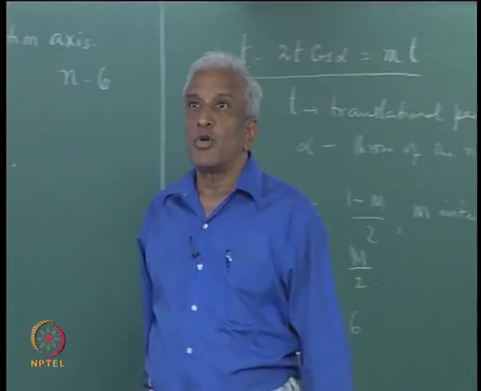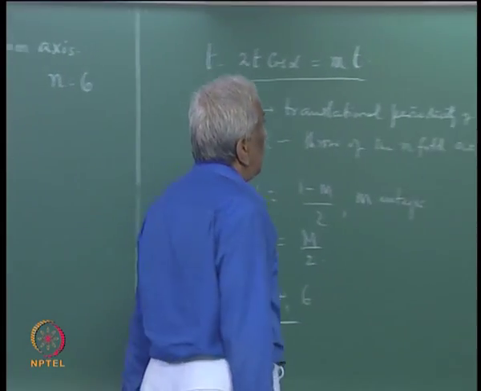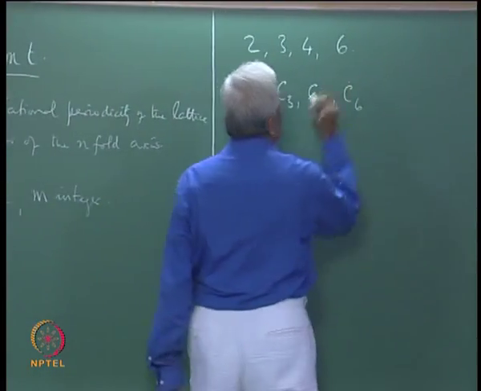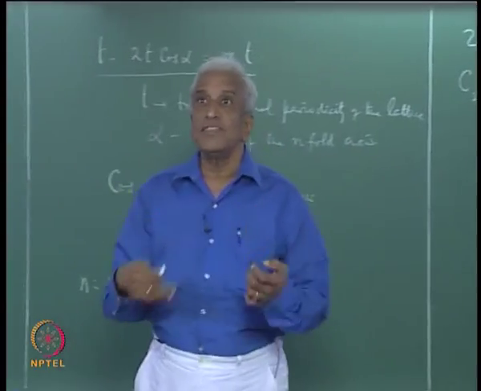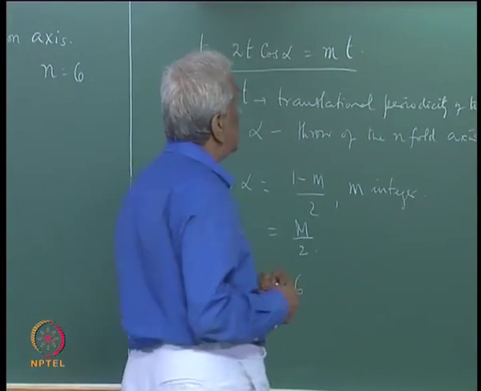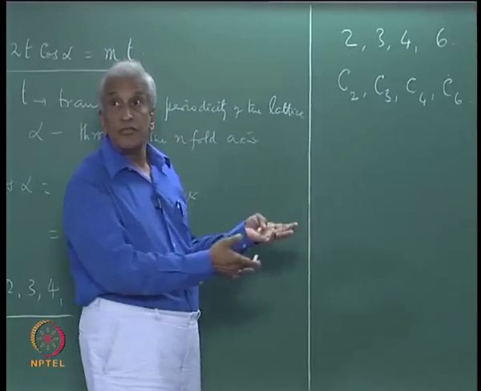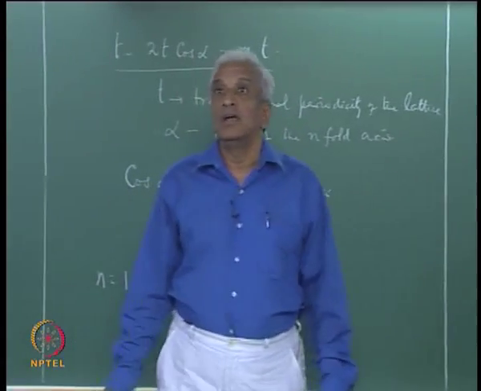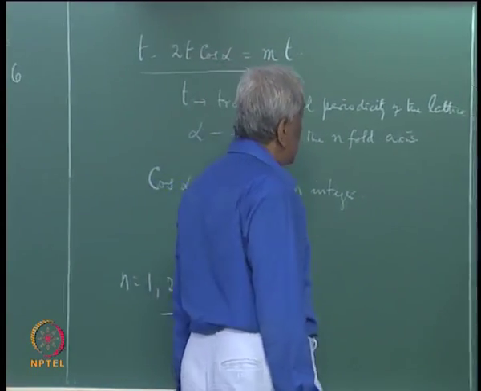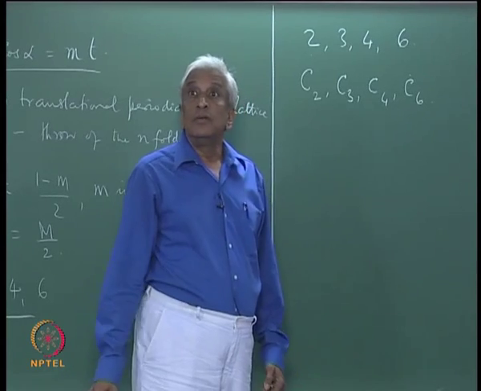So, if you have rotations corresponding to these axes, how do you represent them in matrix form? This is important for a group theoretical understanding of the characters and representation bases of these point groups.